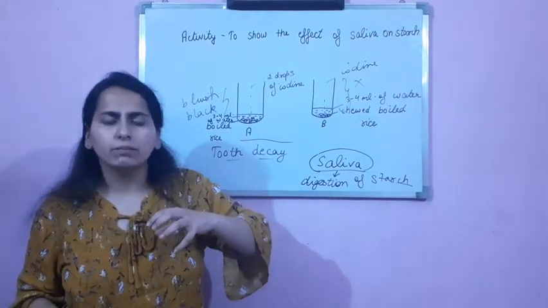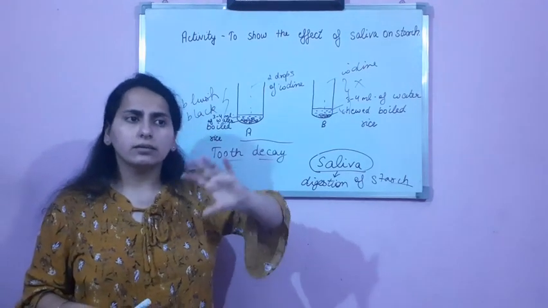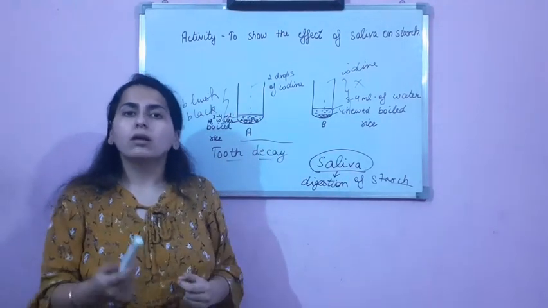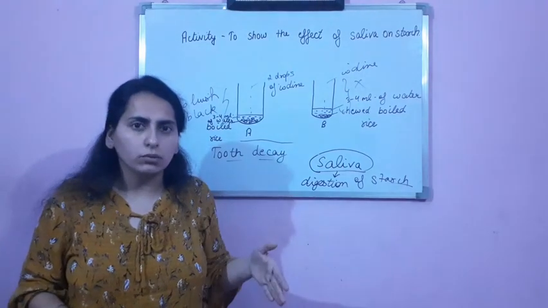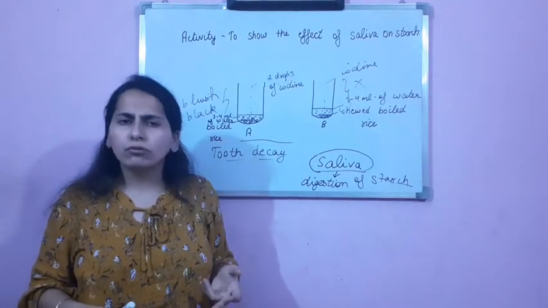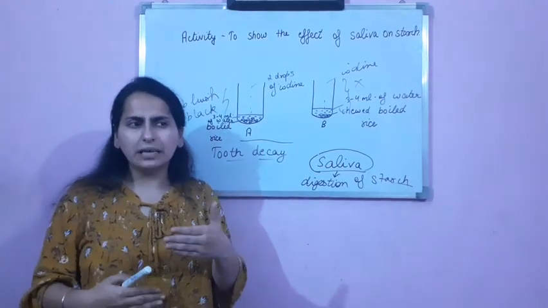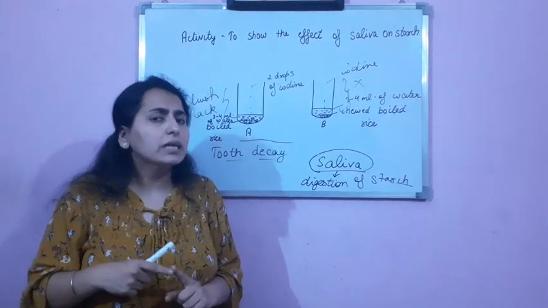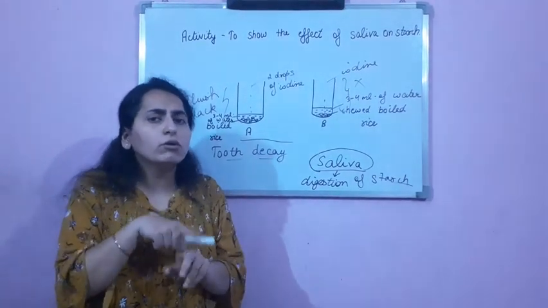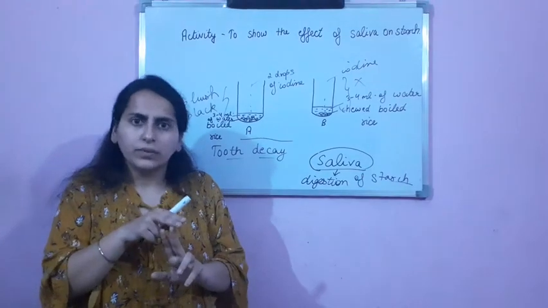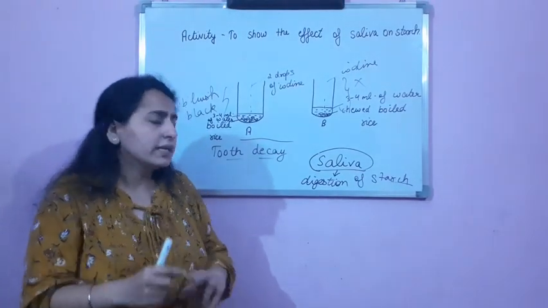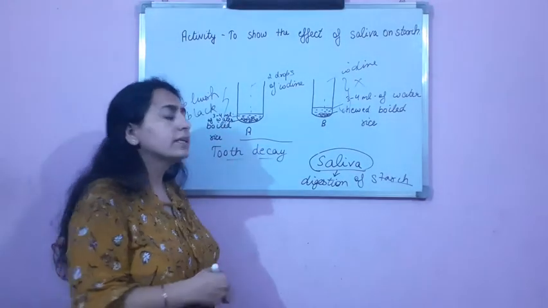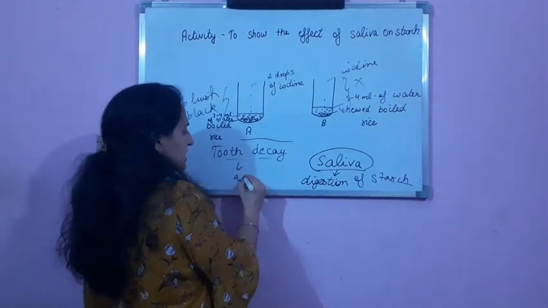These bacteria will start eating that sugar or leftover food inside your mouth. If there is any leftover food inside your mouth after the meal, then the bacteria will start eating that leftover food or sugar. And they will eat that food and then they will release acid.